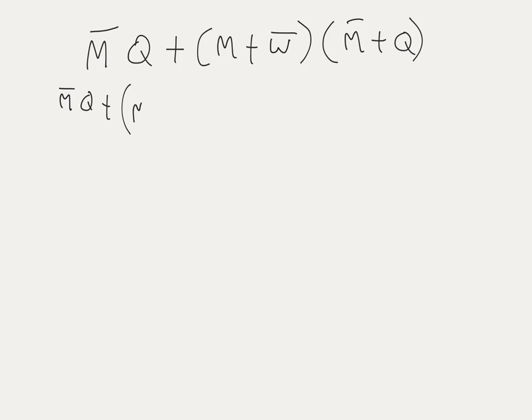So I've got m naught m plus m q plus m naught w naught plus w naught q. Okay, so that is because of Theorem 14, or 15, depending on which. It's probably better to be 15.